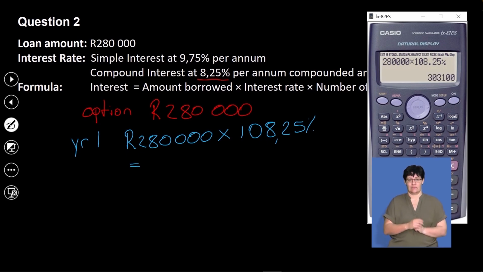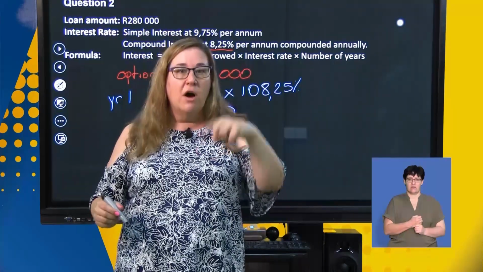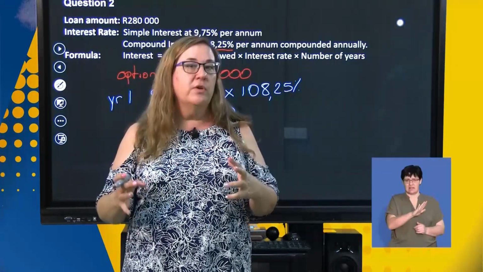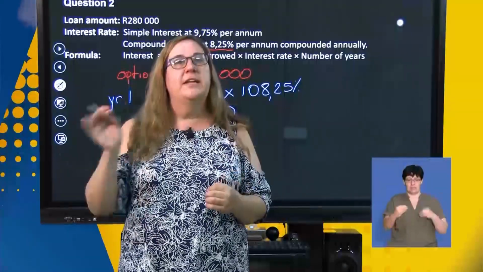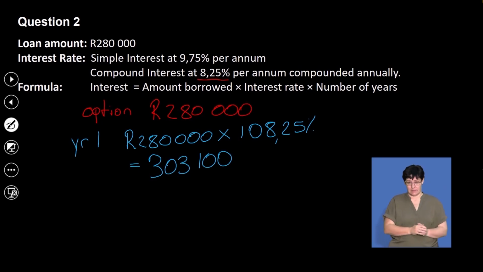And I've got 303,100. I want to just point out that I haven't actually filled in the R sign for the rands. It's fine to leave out units during your calculations, but you must ensure that at the end you've always got your unit. So that was year 1.